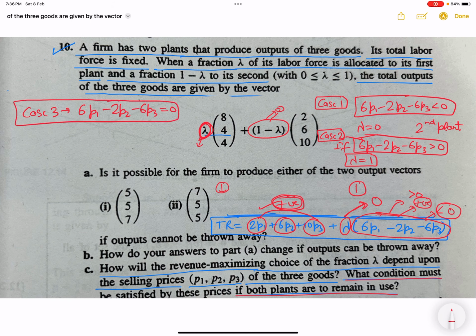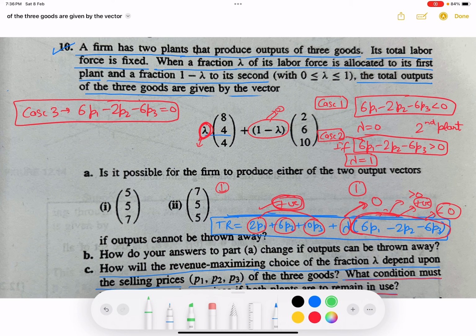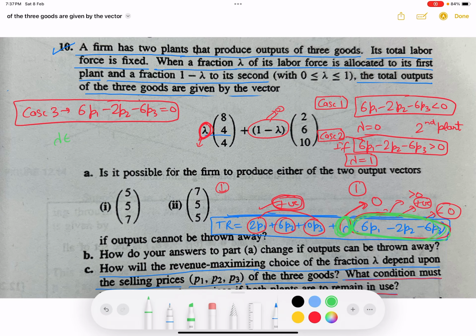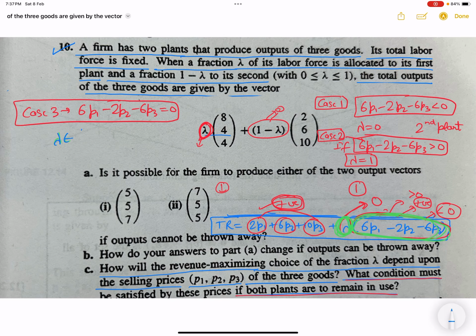If this term comes out to be 0, then irrespective of the value of lambda, lambda can stay between 0 and 1, because it really doesn't matter what value lambda takes, the total revenue would be this particular thing. So both plants will be in use when lambda is strictly between 0 and 1. In this case both would be used, and the condition is this.